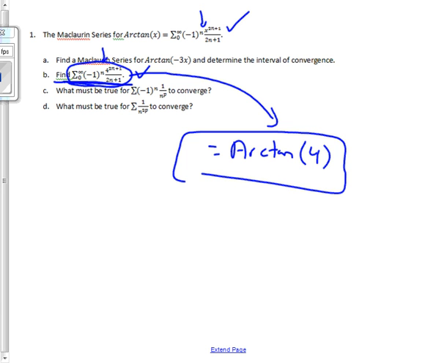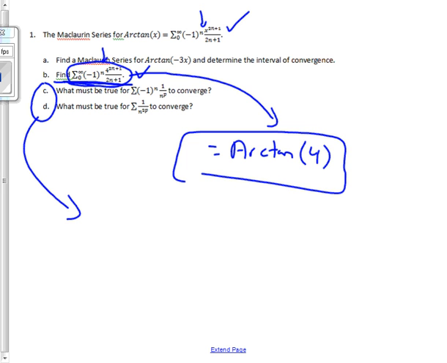Okay, C and D are really just side parts of this question that force us to remember convergence for p-series, whether it's alternating or not.